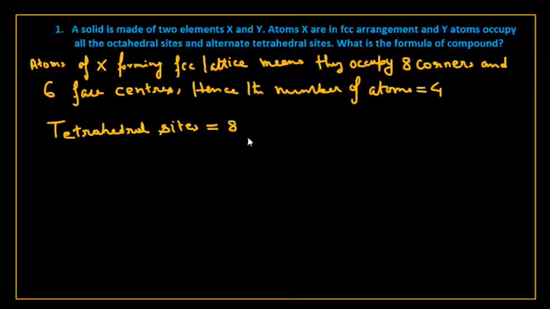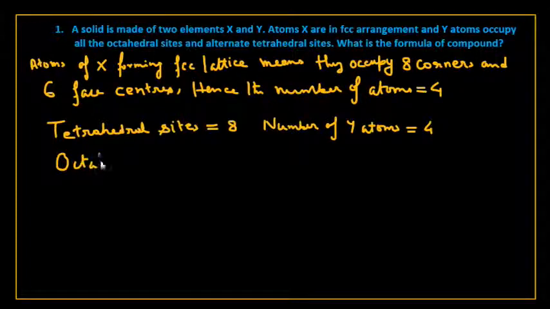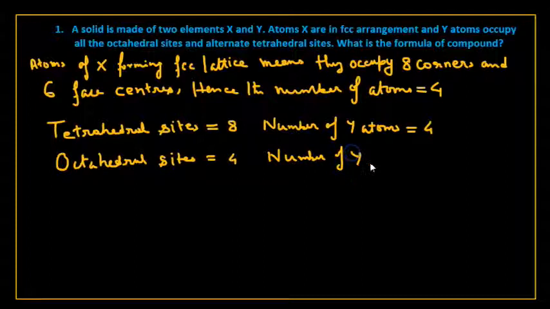Number of Y atoms for octahedral sites is equal to 4.